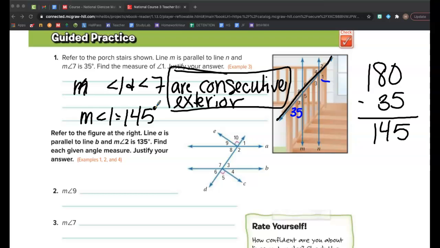So 7 and 3 are corresponding, therefore 3 is also 35. Then I could have said 3 and 1 are supplementary, and I would still get it to be 145. I just have to write more steps down. Questions on that? I did that whole process without realizing that I could do it in one step.